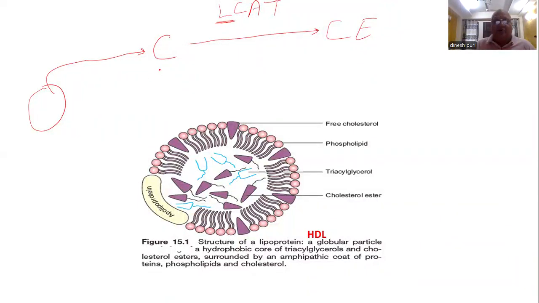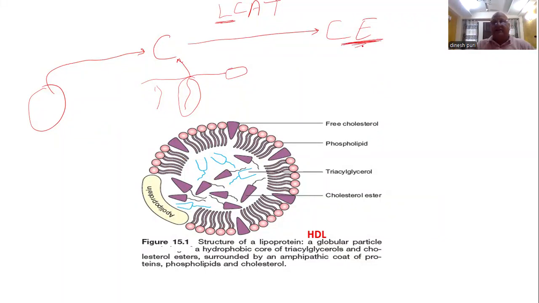Lecithin, as all of you know, is a phospholipid containing two fatty acids and a head group. This fatty acid is transferred to cholesterol to form cholesterol ester. As you know, at the third position of cholesterol there is a free OH group. So if the fatty acid attaches to that OH group, this will form cholesterol ester.